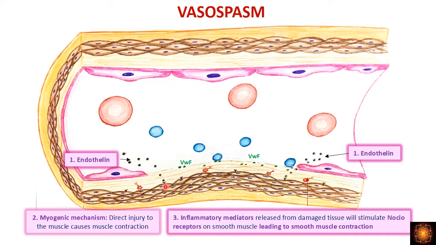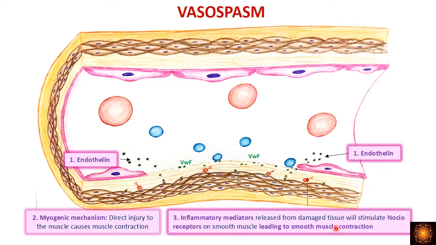Not only that, we have another mechanism called the myogenic mechanism, which means direct injury to the muscle causes muscle contraction. And the third mechanism is the inflammatory mediators. They are released from the damaged tissues, and they stimulate the nociceptors which are present on the smooth muscle, leading to smooth muscle contraction.